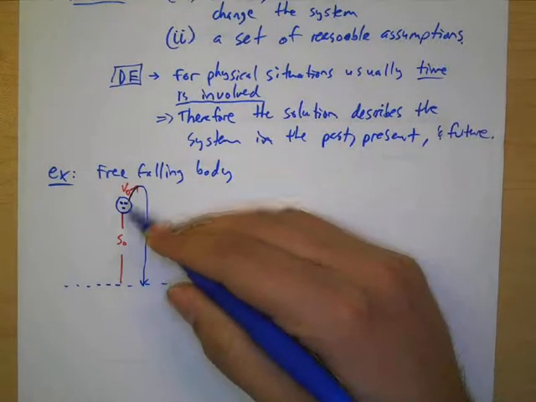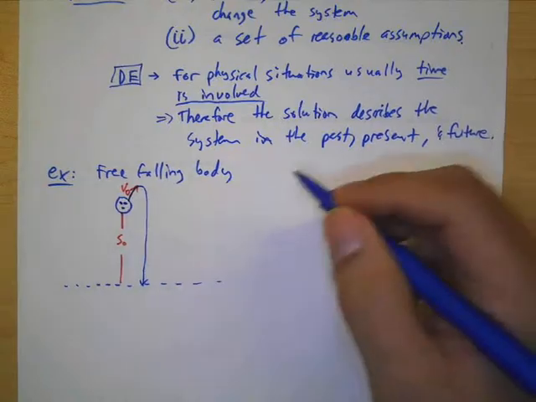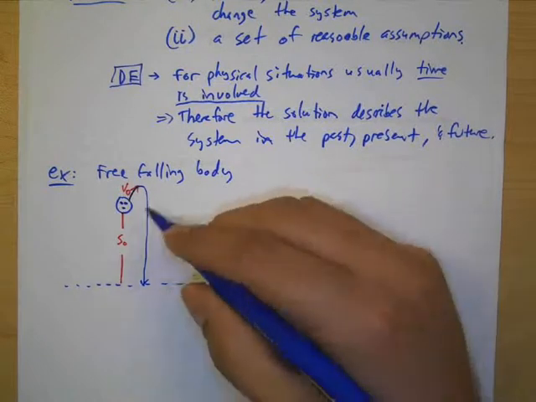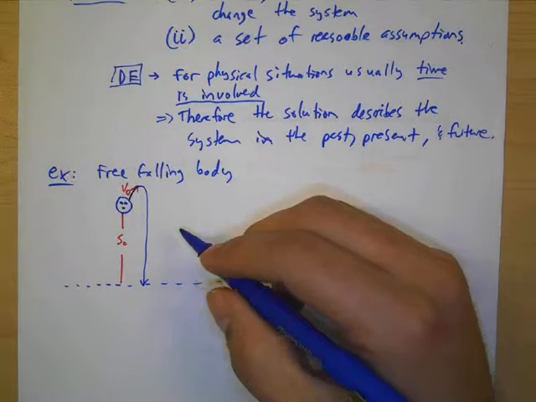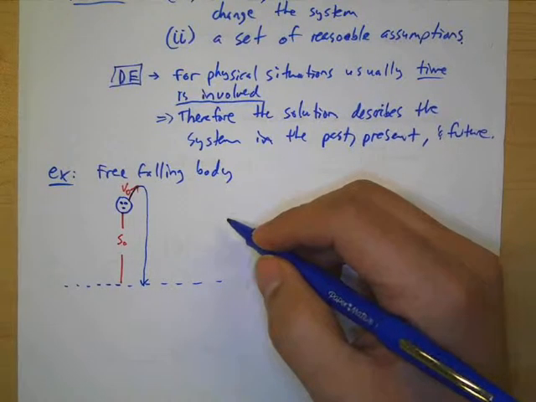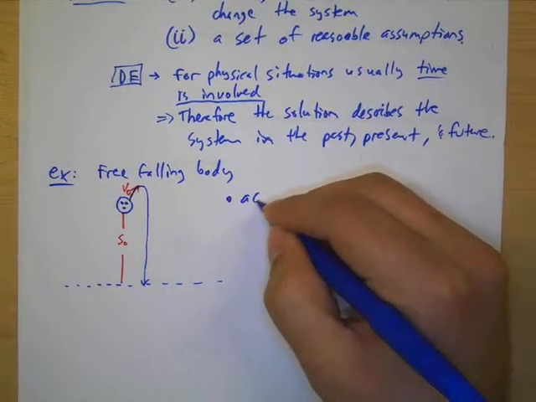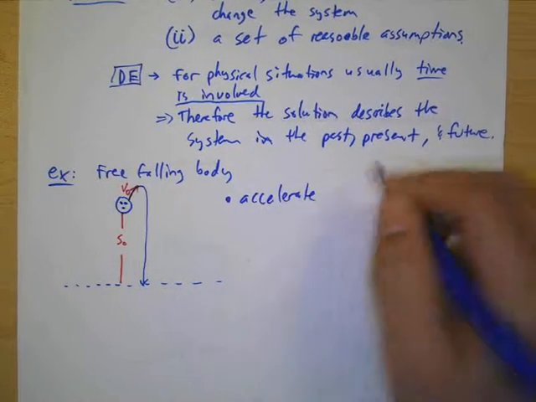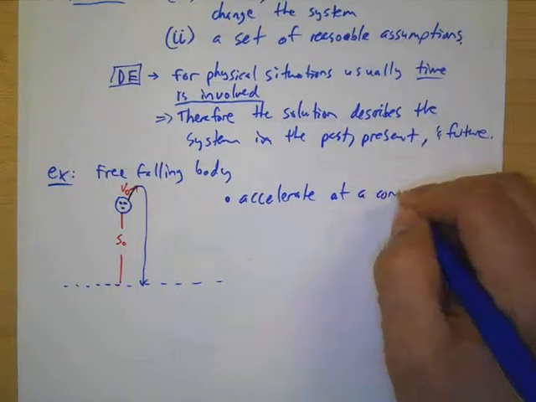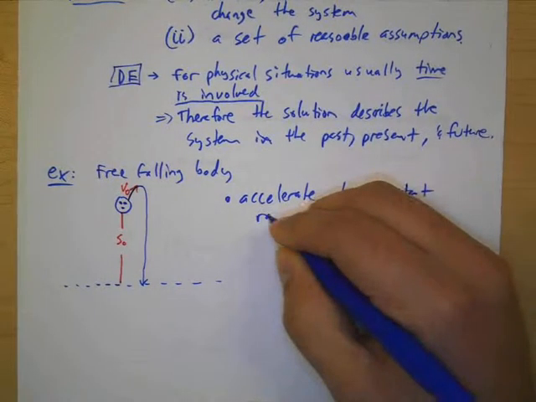So with the initial height, initial velocity, what's the only thing that's going to affect, once this thing's in motion, the position? Yes. So another assumption is that this will accelerate at a constant rate, g.